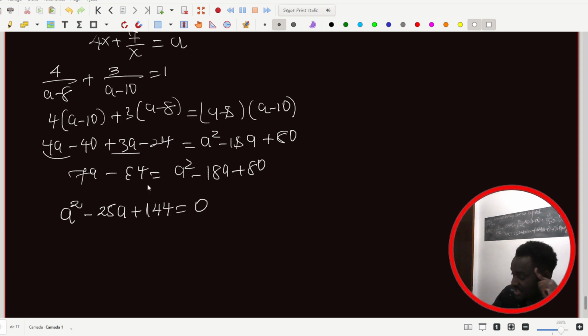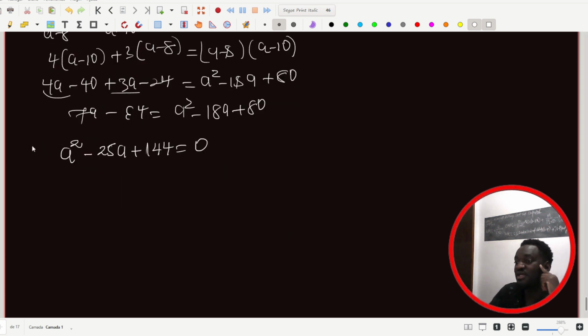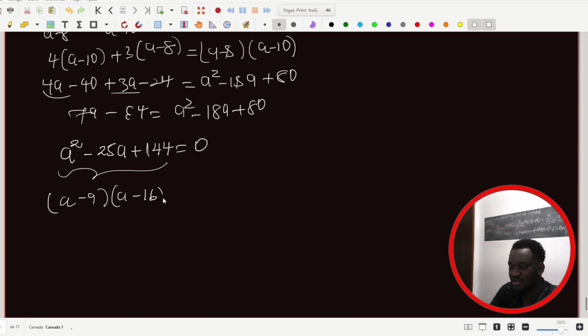Okay, so guys, given this one here, this is a quadratic equation, so we can use the quadratic formula, or you can use the method that you prefer. I'm going to factor this, and factoring this quadratic equation, we're going to end up with a minus 9, which multiplies a minus 16, equals 0.